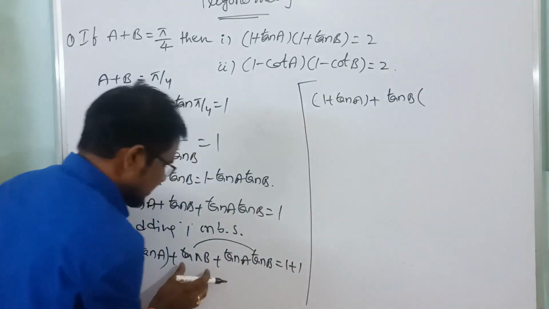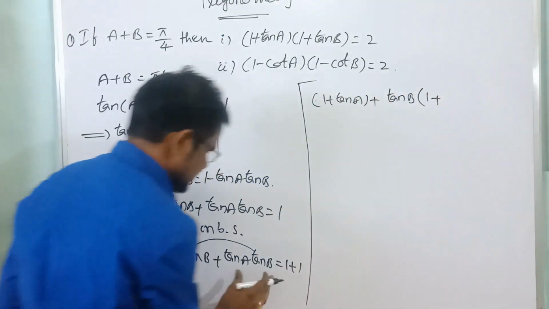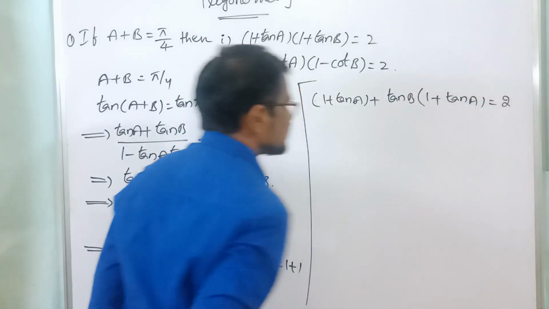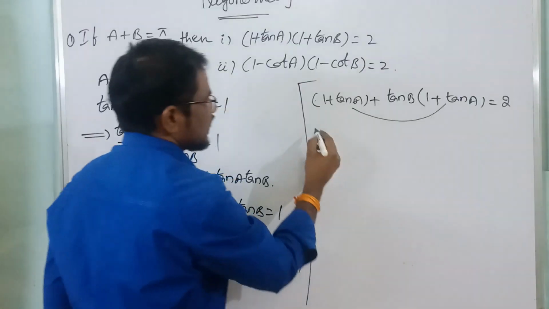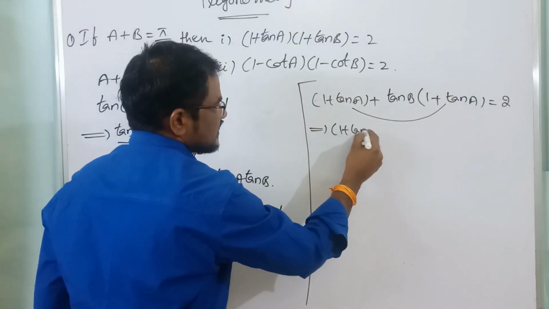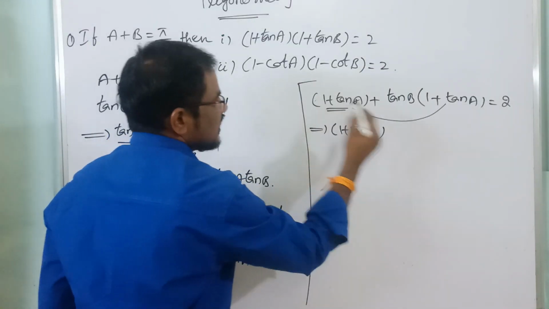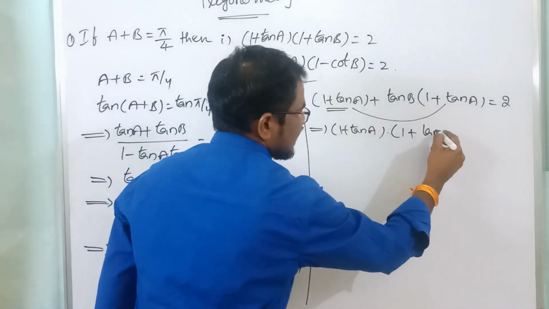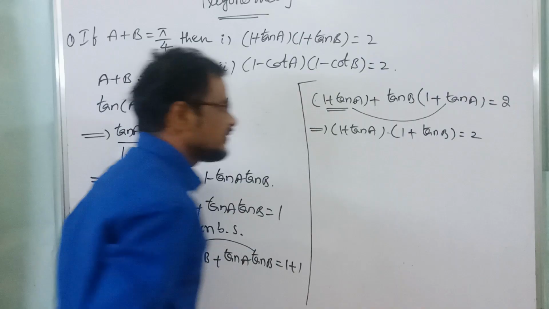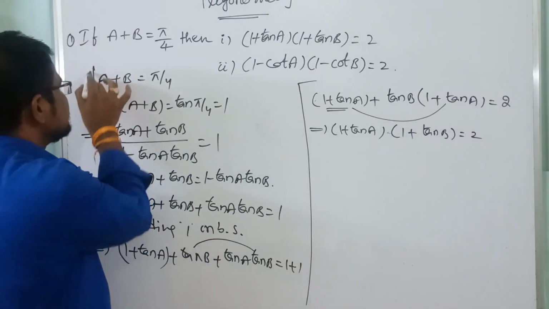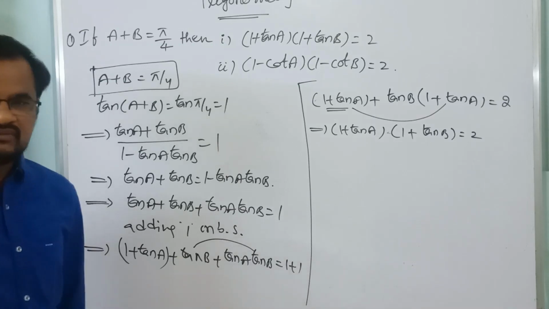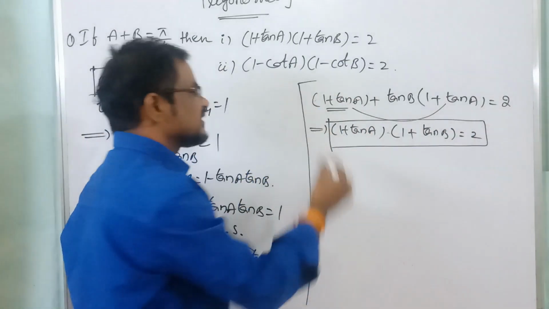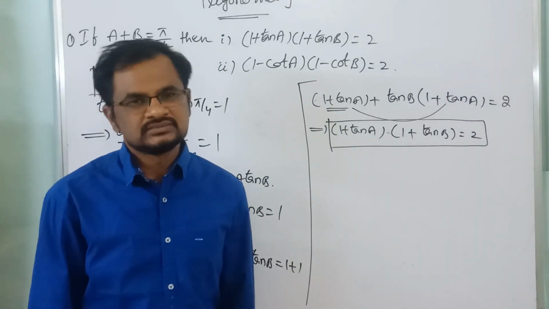So what is remaining? 1 remaining, plus tan a, equals 2. Again, from these two, if you take 1 plus tan a common, what is remaining? 1 plus tan b equals 2. So whenever a plus b equals pi by 4, our condition is 1 plus tan a, 1 plus tan b equals 2.